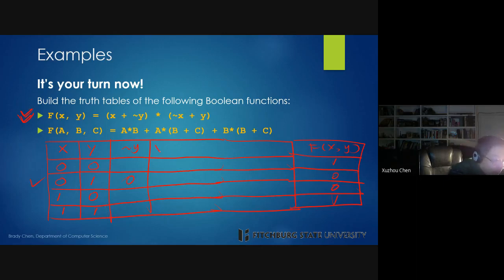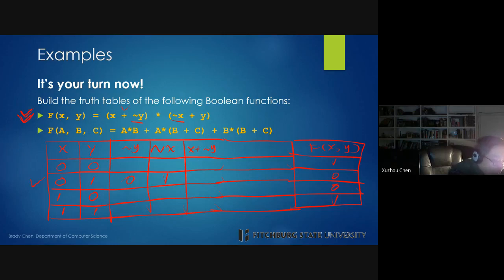And then tilde of x is 1, right? So then you can say x plus tilde y, because you always execute the negation first. And then you're supposed to do the AND operator first and then the OR operator, but because the OR is inside the parentheses, in this case you need to operate the OR operation first.